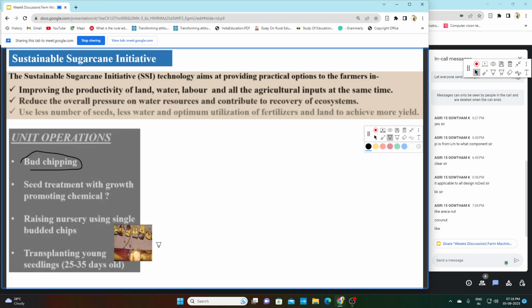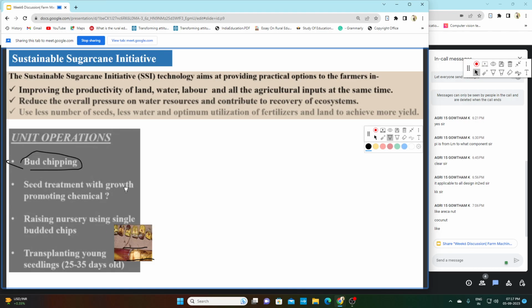What are bud chips? Bud chips are portions of your canes. You can see this is your whole cane, and the portion of your cane is your bud chip. At the joint there is a portion that is known as a bud chip. In SSI we sow this bud chip.